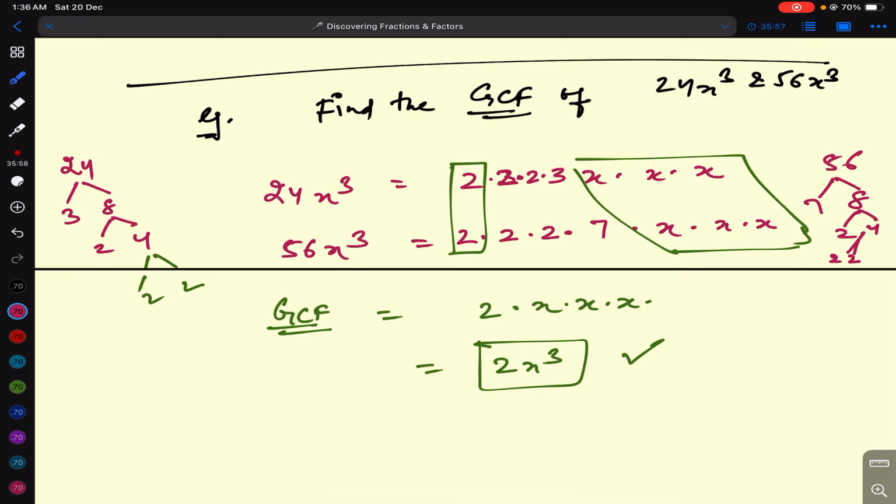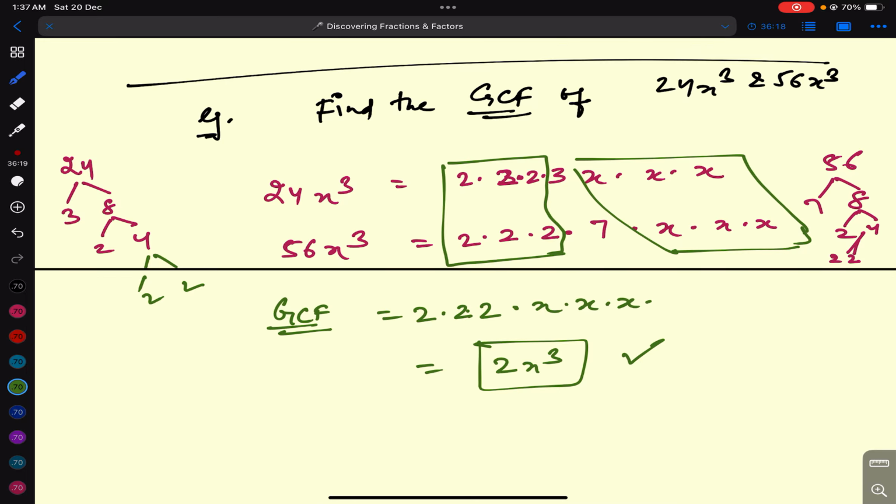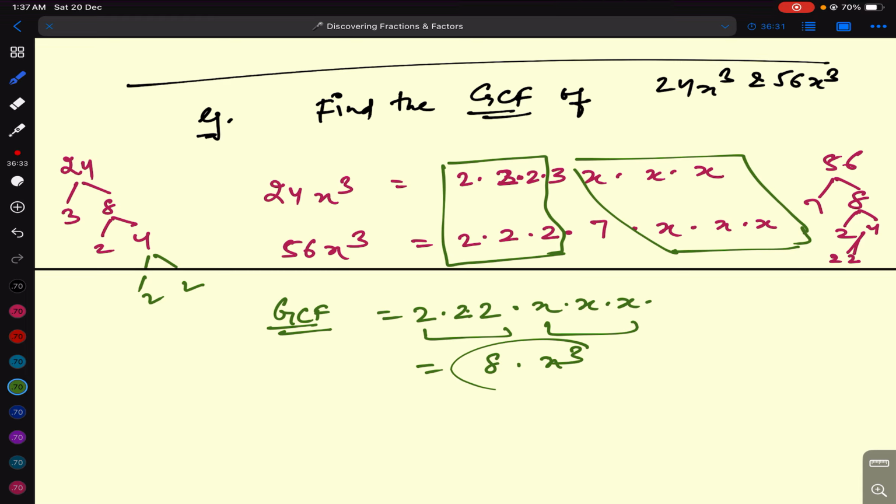Now here we have these three as common, right? So we can write it here as 2 times 2 times 2. So this simplifies to 8x cube. This is 8 and this is x cube. So your GCF here in this case is 8x cube.